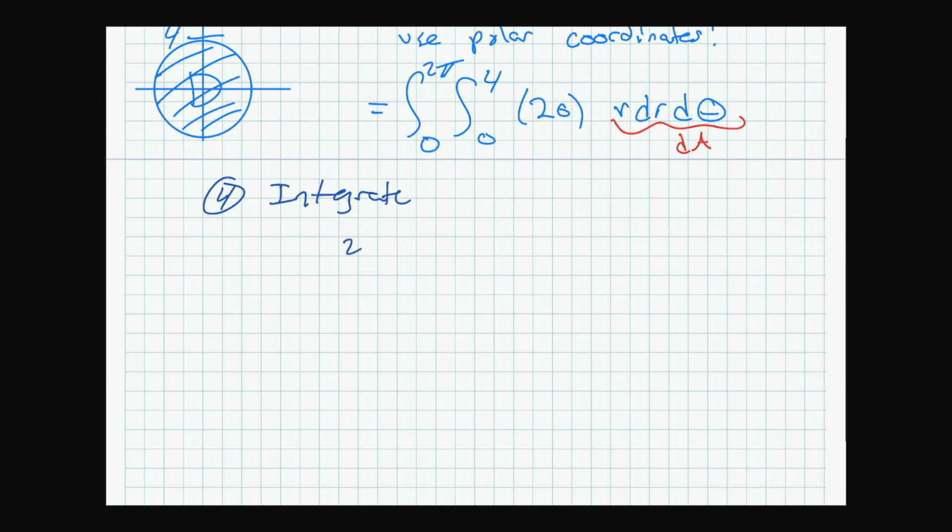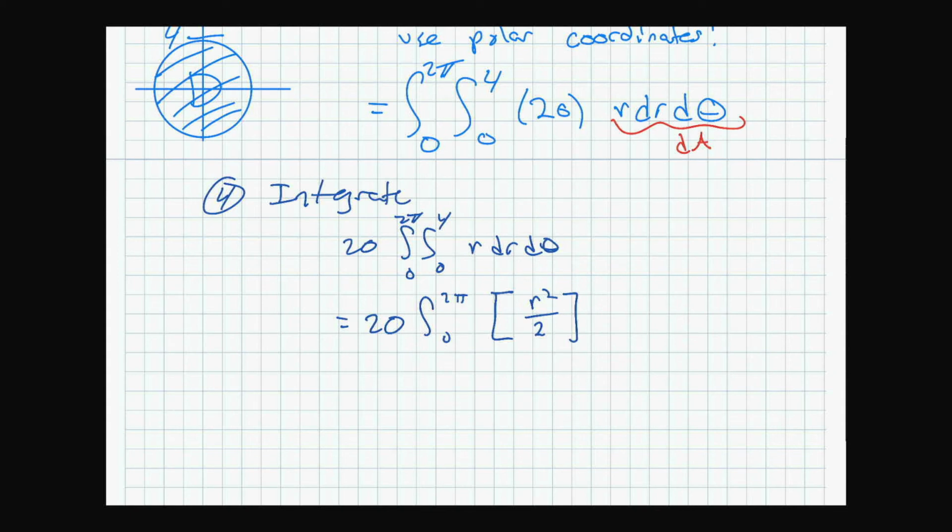So I could take the 20 out, and I have the integral from 0 to 2 pi, just r dr d theta. So we have 20 times the integral from 0 to 2 pi of the antiderivative of r dr, r squared over 2, from 0 to 4, d theta.